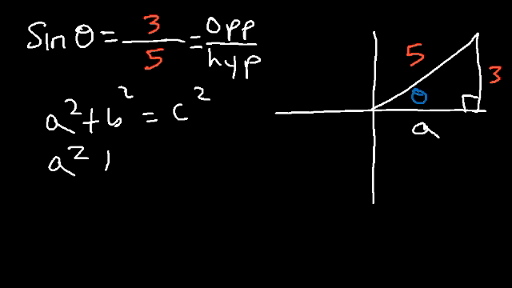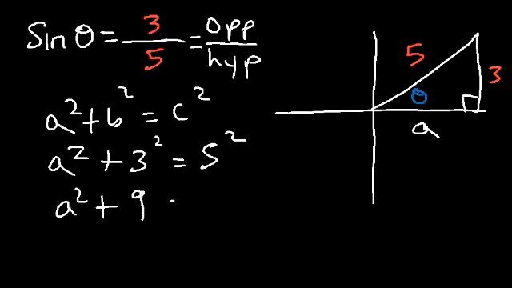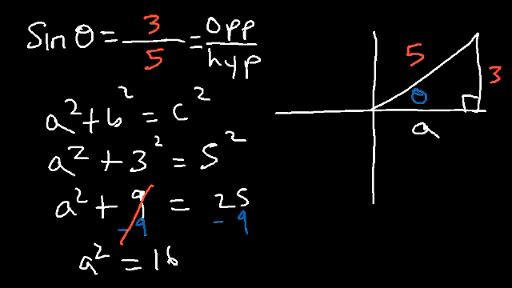So a squared plus 3 squared is equal to 5 squared. 3 squared is 3 times 3, which is 9. 5 squared is 5 times 5, and that's 25. So if we subtract both sides by 9, 25 minus 9 is 16. So a squared is equal to 16. To solve for a, you need to take the square root of both sides. So the missing side is 4.